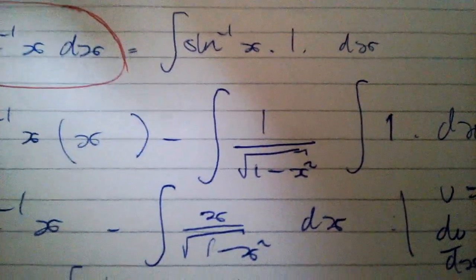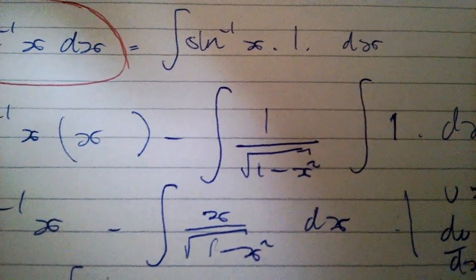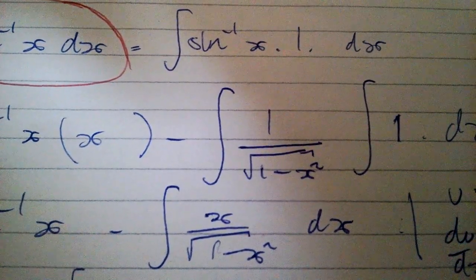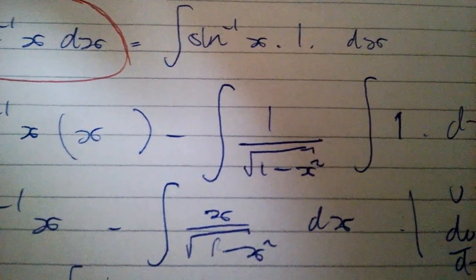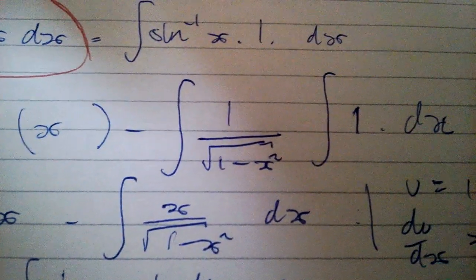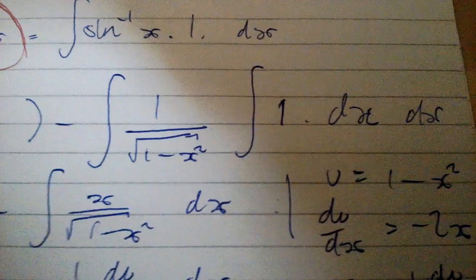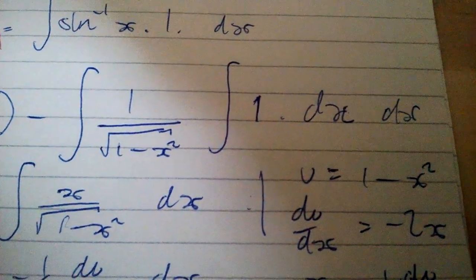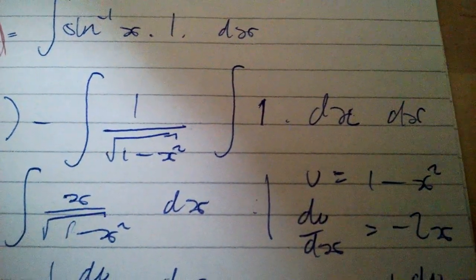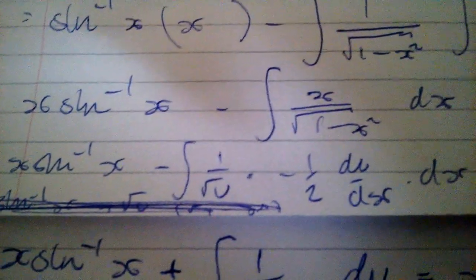So the second term is the integral of x over the square root of 1 minus x squared with respect to x. I'm going to substitute now. The term 1 minus x squared, I'm going to call u, and that means du by dx equals minus 2x.